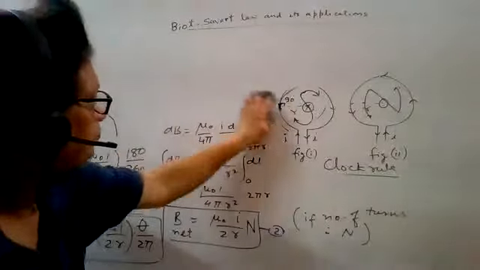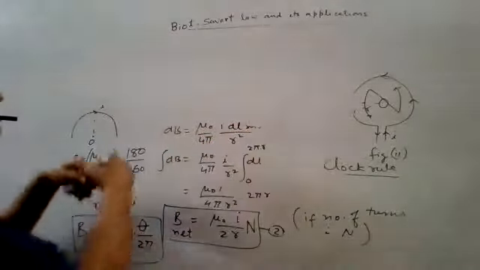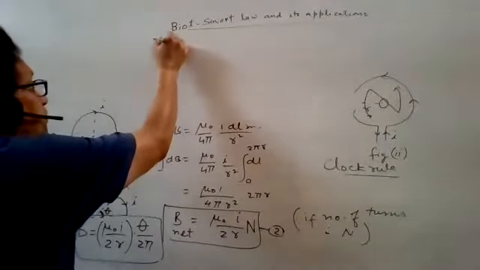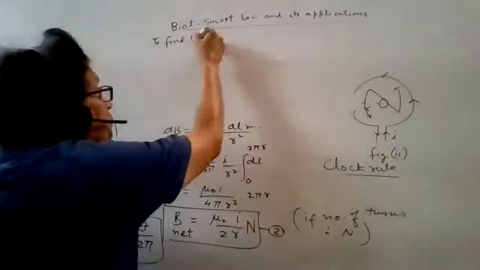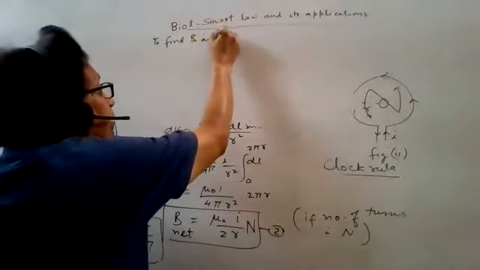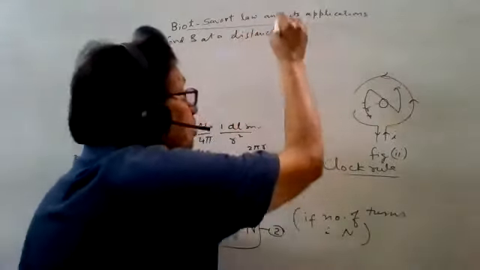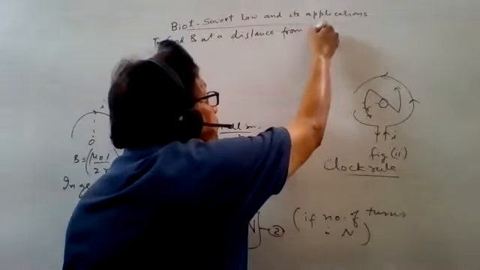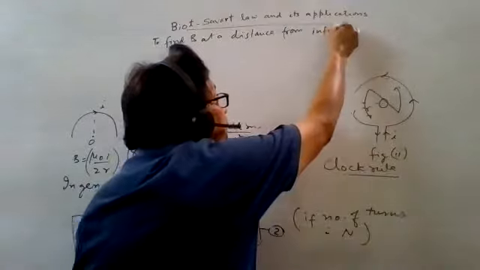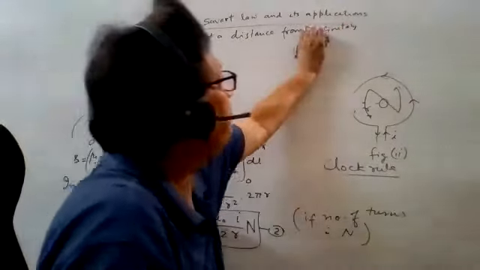Next one, to find out the magnetic field here at a distance from an infinitely, or you can say very long, straight current-carrying wire.